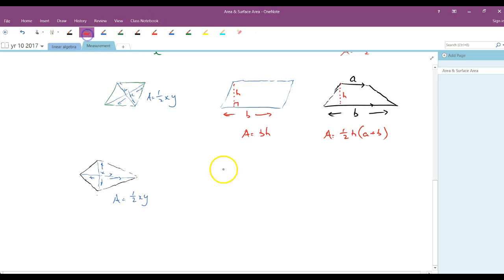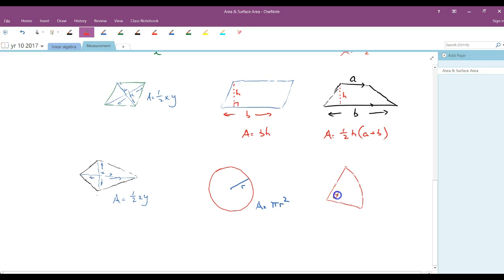Alright, let's keep going. What about our friend the circle? Area of a circle. Let's have a little line from the centre. That's our radius, and our area is pi r squared, is it not? And let's just have a look at the sector of a circle then. This is just a piece of the circle, like so.